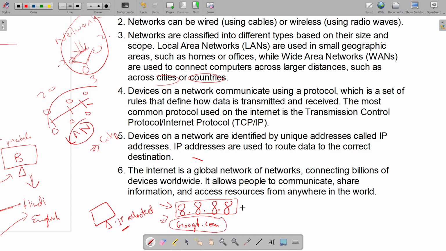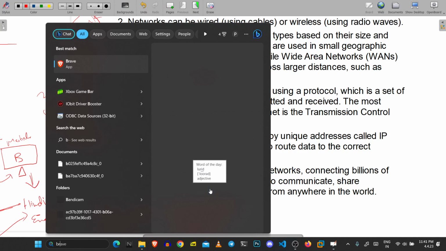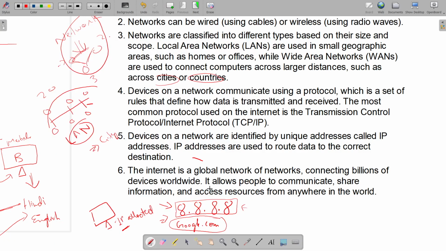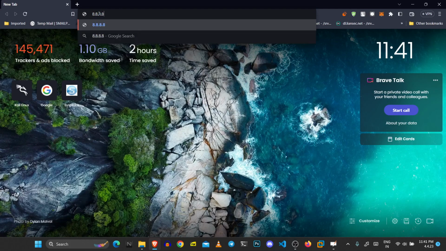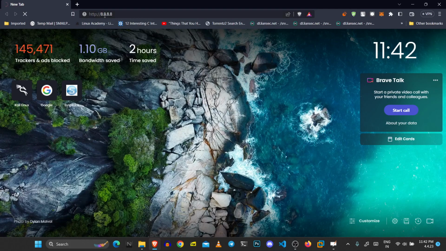So if you go to 8.8.8.8, you should see Google. Okay, let's go to the browser, and if I enter 8.8.8.8, here you can see it should open up Google.